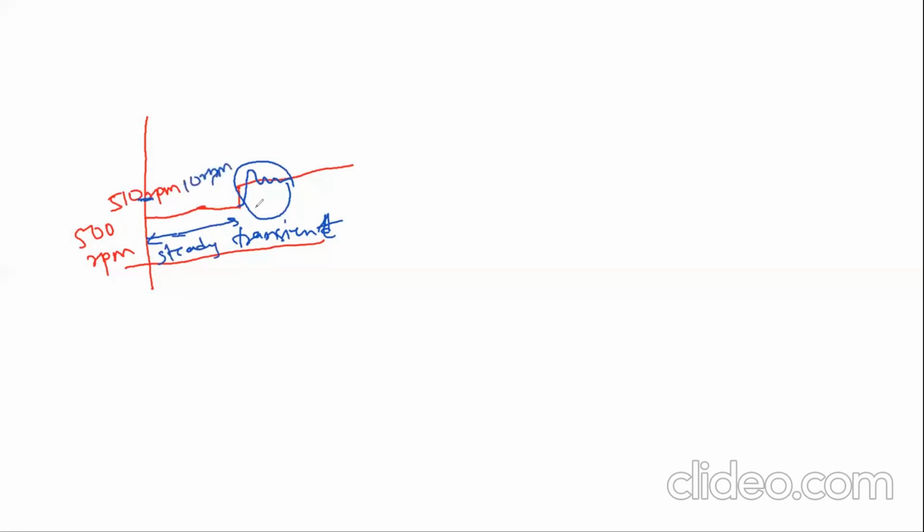Suppose again we want the speed equal to the earlier speed, that is 500 rpm, so the machine should follow the same speed. What will happen is that when the disturbance vanishes, it will come again to the original speed.